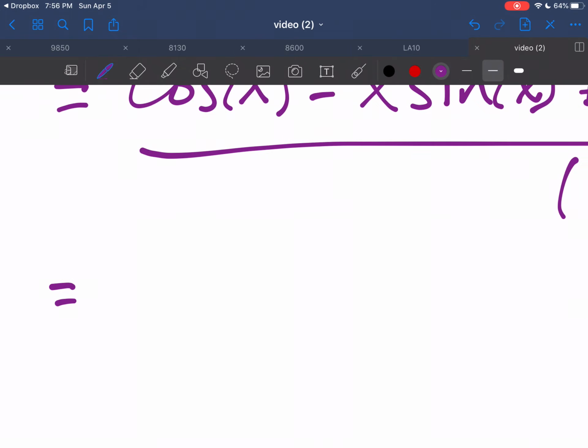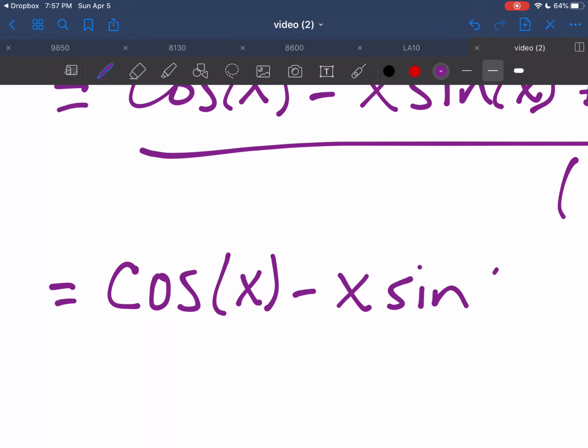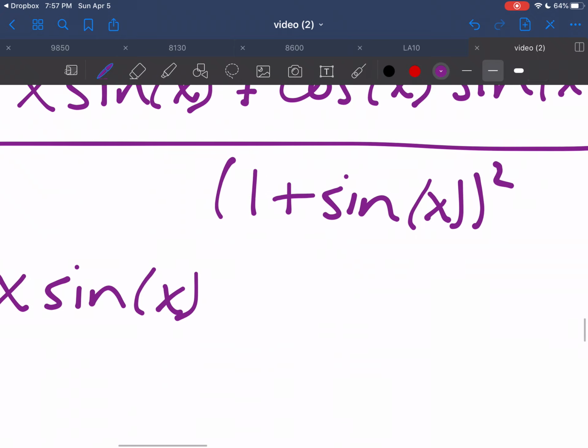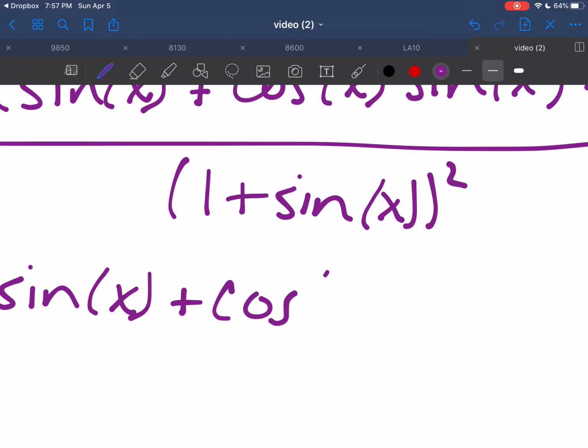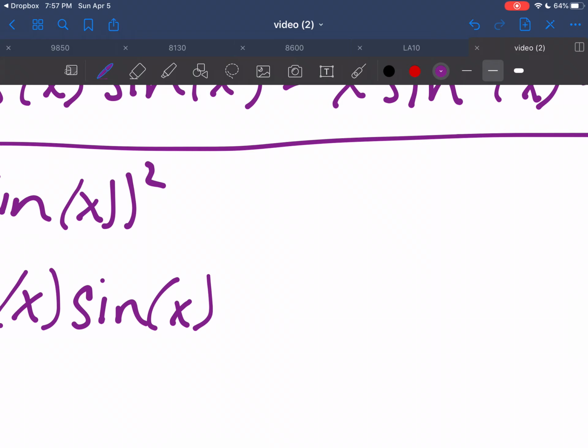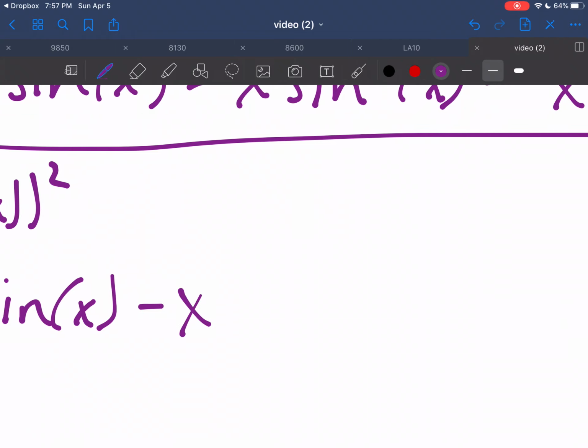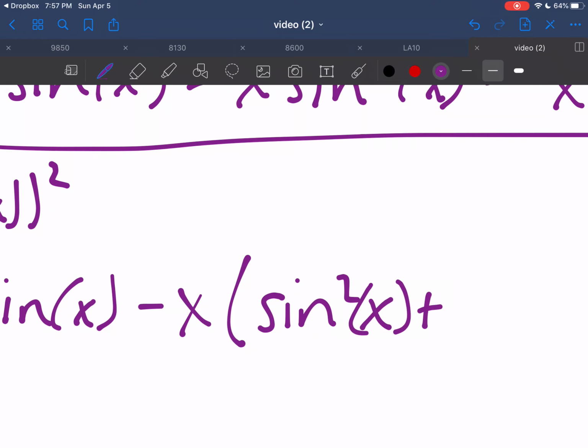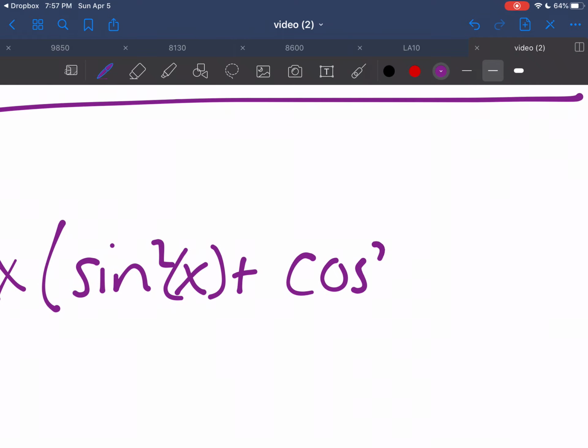Okay, so if I factor that out, I get cosine of x minus x times sine of x plus cosine x times sine of x minus x times sine squared of x plus cosine squared of x.